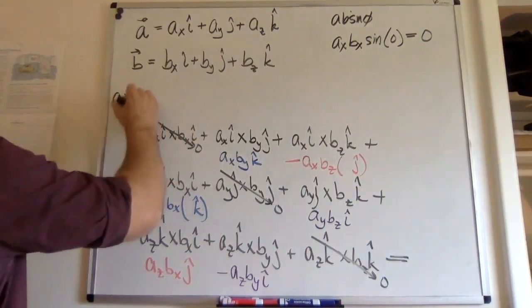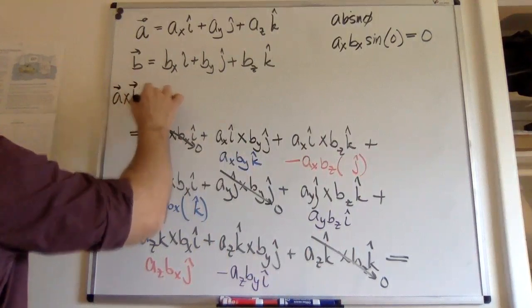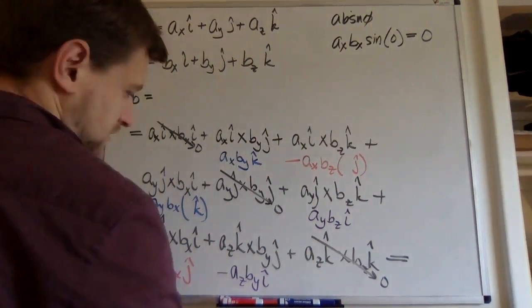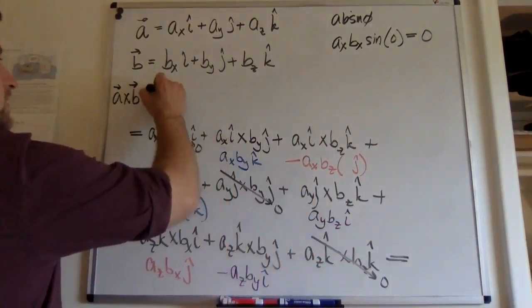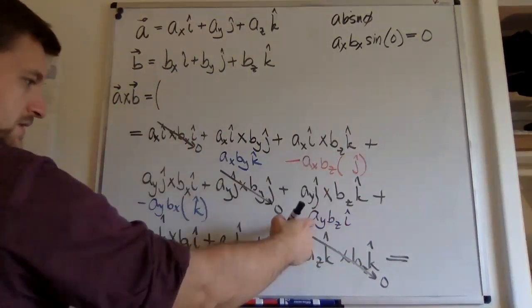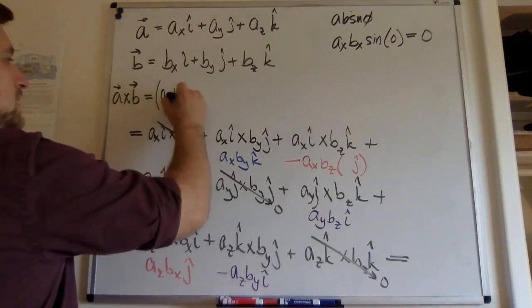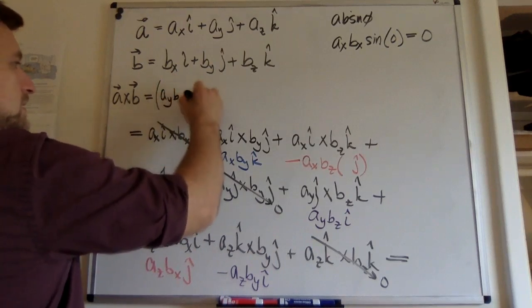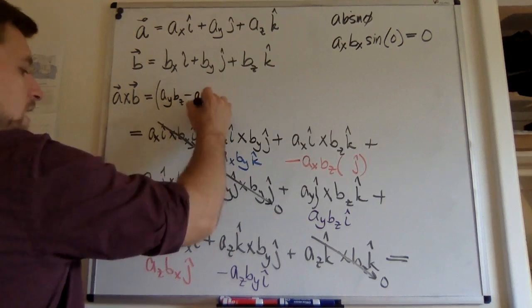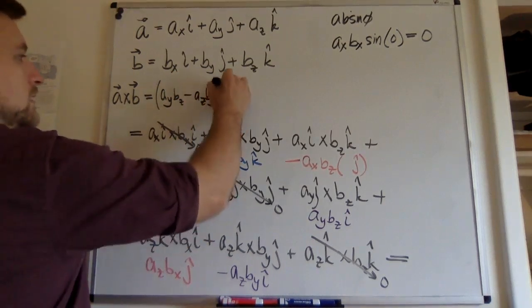A cross B equals, take the I's first, this one minus this one, so AY BZ minus AZ BY in the I direction.